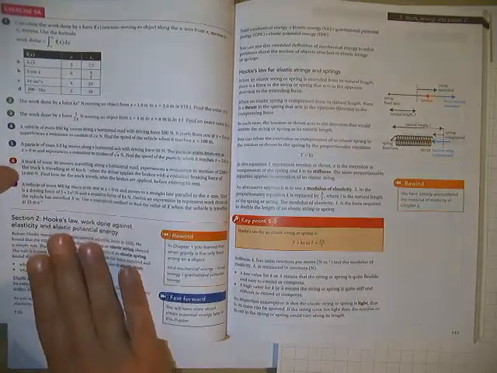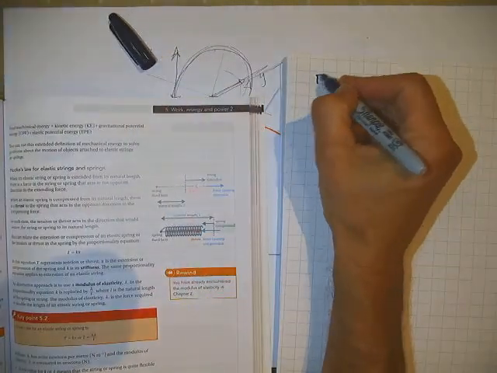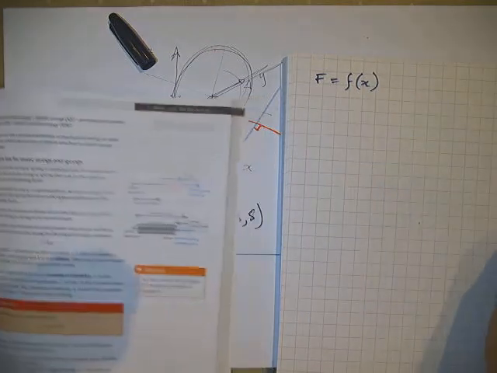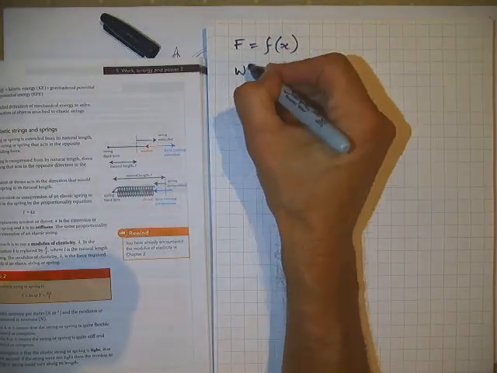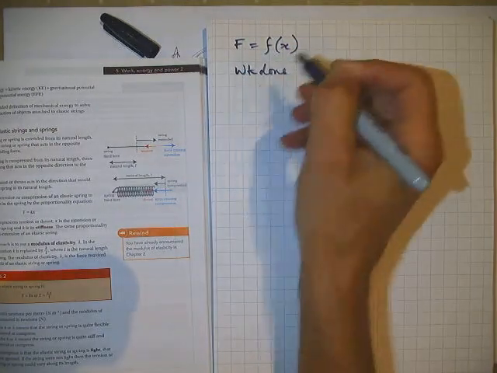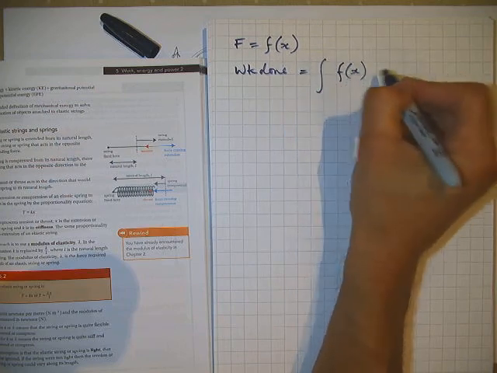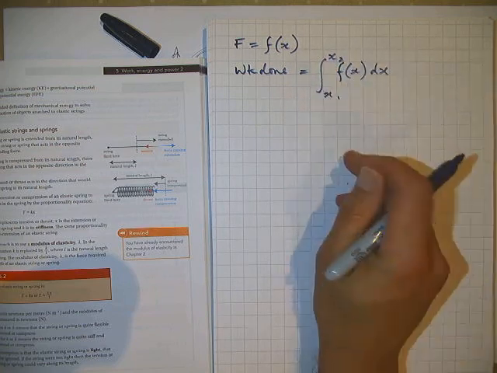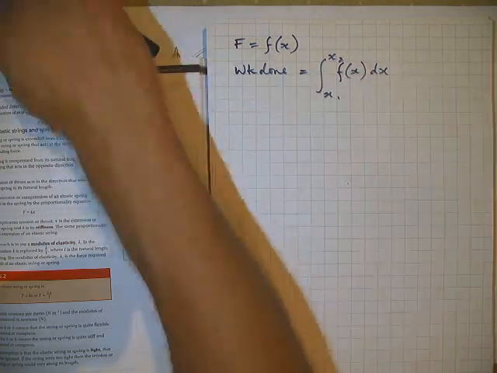So section 2 of chapter 5, and we're still looking at when a force is a function of x. The concept at the beginning of this chapter is that for work done by or against the force, you integrate that function with respect to x between two values of displacement, and you get the work done by a force or the work done against the force.